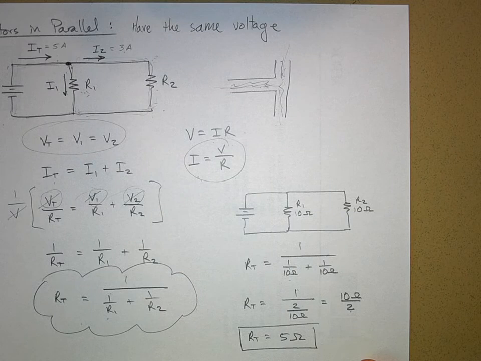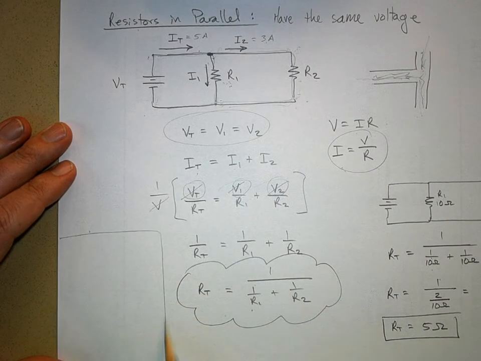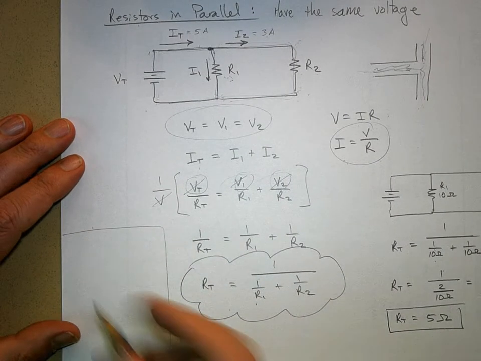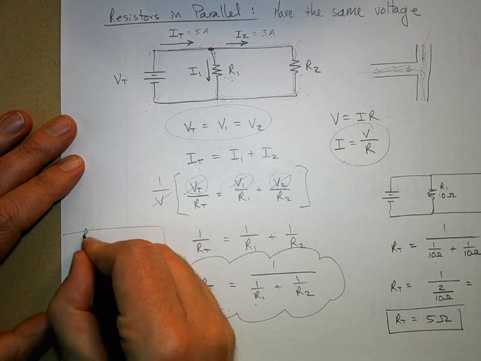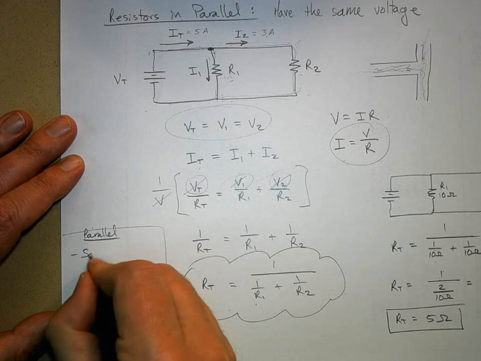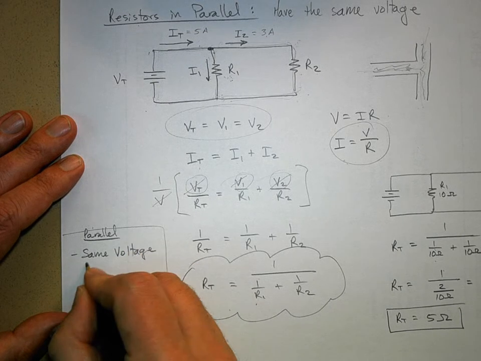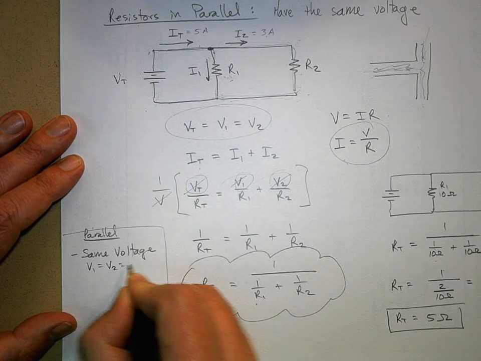So, to summarize, what do you need to know about resistors in parallel? Well, resistors in parallel have the same voltage. That is, V1 equals V2 equals V3 if you have 3 resistors.